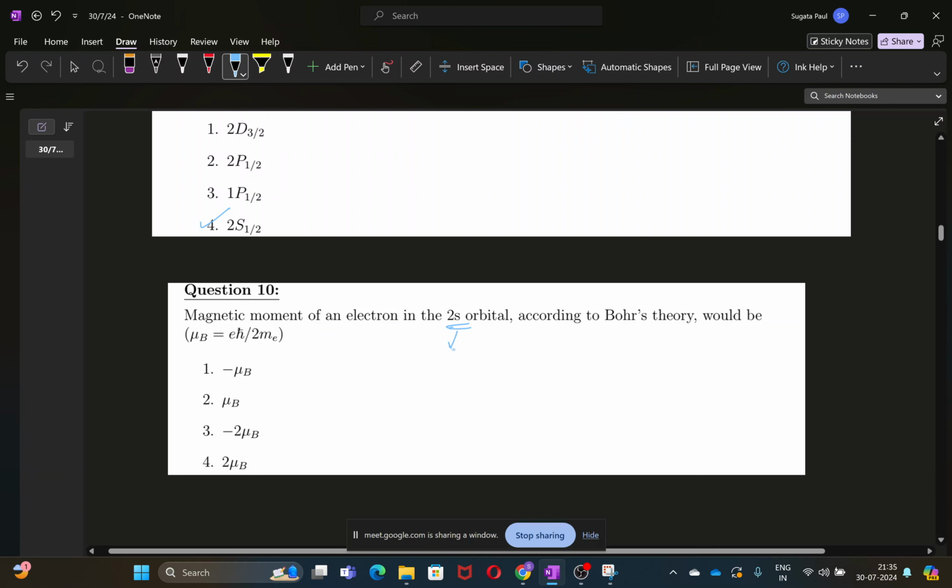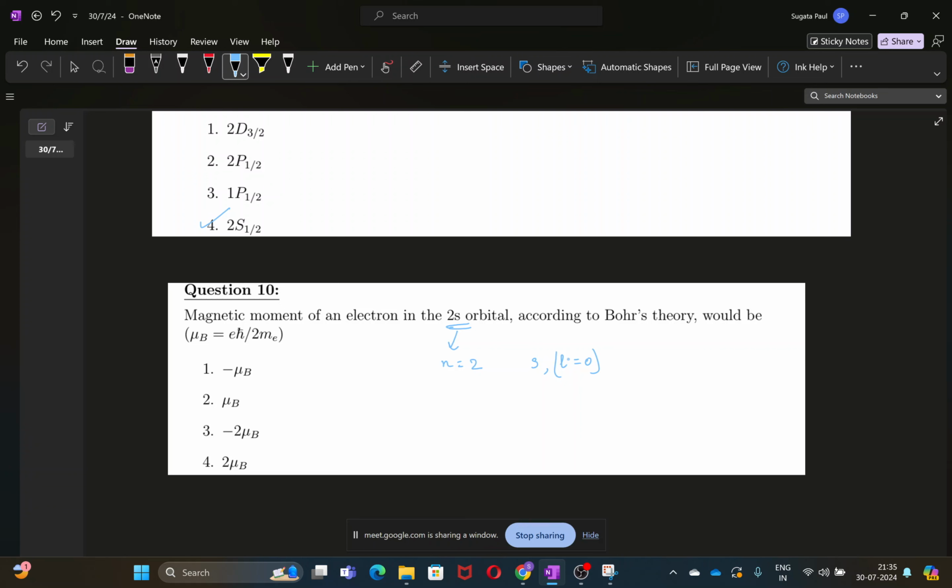So 2s means here the n value, the principal quantum number of this orbital is n equal to 2, right? But this is again an s orbital. So for s orbital we know that small l value is 0. The orbital magnetic moment has a quantum number corresponding to it, and the orbital quantum number value is 0, L equal to 0 for s orbital.